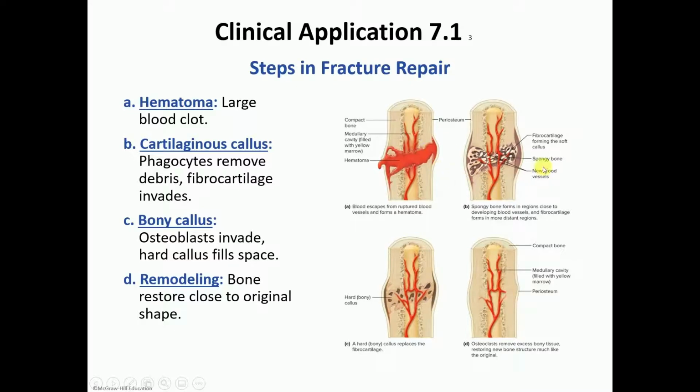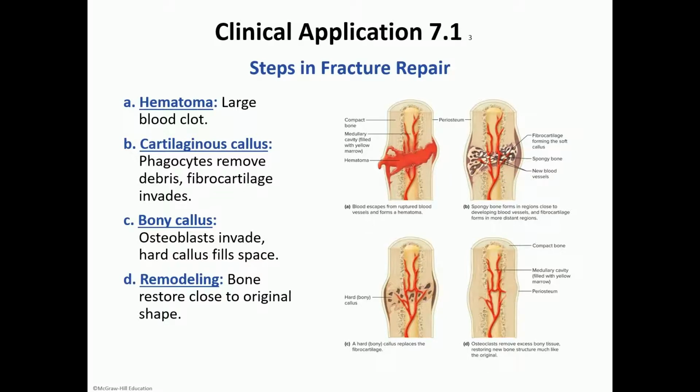Now, when that happens, bone doesn't really repair itself by making bone right away. It'll make a cartilaginous callus. And that is why we have to put a cast on fractures, because we start off by making a cartilage first, and then the cartilage ossifies to bone. So if this cartilage is misplaced, or if it is moved all the time, then the bone is not going to unite, is not going to heal properly.